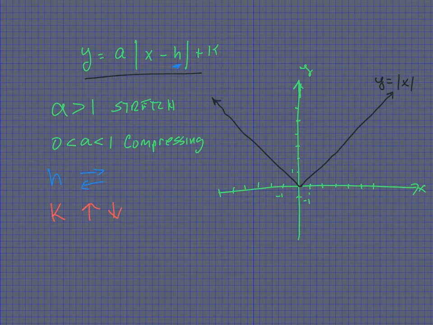So my parent function here can be rewritten a little bit easier as y equals 1 times the absolute value of x minus h, plus k.